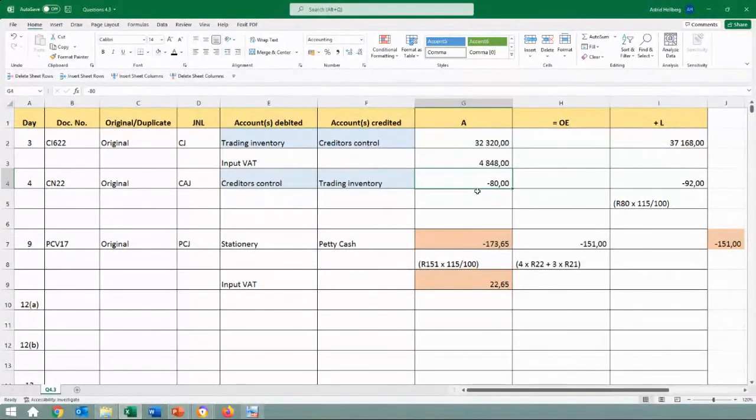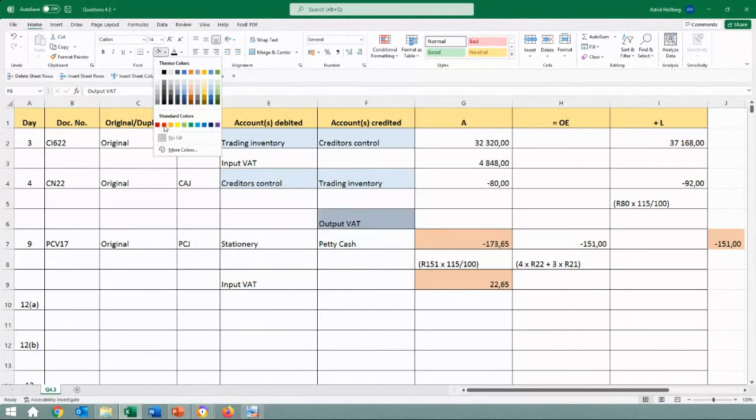Okay, now this is where you guys need to listen carefully. When I return something to a creditor, the VAT account name changes. It is deemed as if I've sold it now, so I will take it to output VAT.